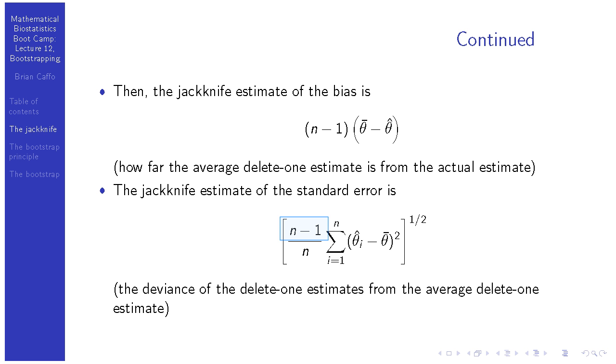So the variance by itself is not a good estimate of the standard error of the statistic. So we need a factor, and they calibrated that n-1 is a reasonable factor to do that. And the same thing is true with the bias: the leave one out statistics tend to be a little too close to one another. Unless you multiply this bias estimate by a little bit, you don't get a reasonable estimate.